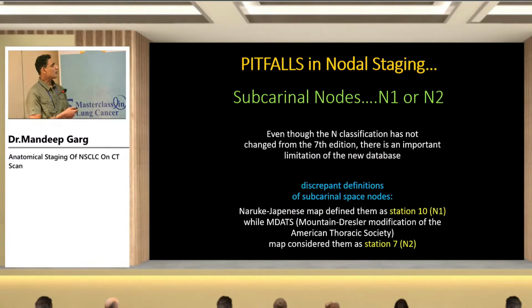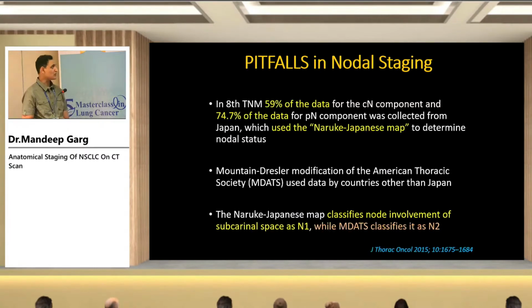Then another issue with the current TNM staging is subcarinal lymph nodes. Should we label it as N1 or N2 disease? Because if we follow the Naruke Japanese map, it defines a subcarinal lymph node as station 10, which makes it N1, while the American Thoracic Society describes subcarinal node as station 7, which is N2 stage.